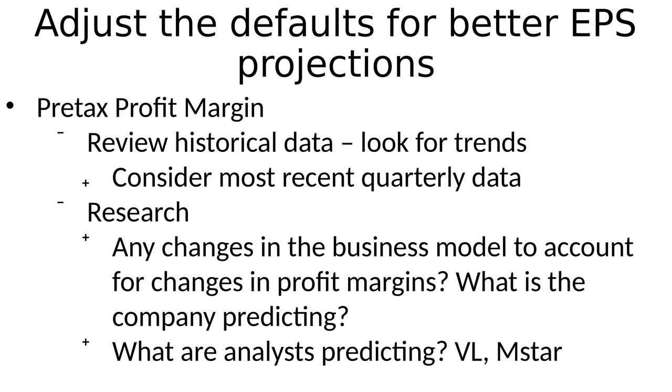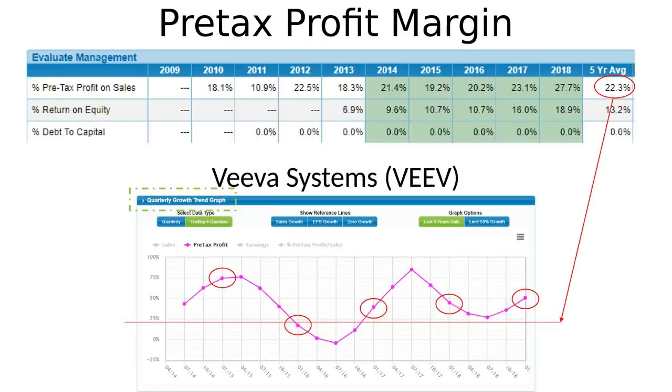Okay, so you can adjust the defaults. Pre-tax profit: reviews the historical data, looks for trends, considers most recent quarterly data, and then there's research. Any changes in the business model to account for changes in the profit margins? What is the company predicting? What are analysts predicting? Value Line and Morningstar. Okay, so pre-tax profit.